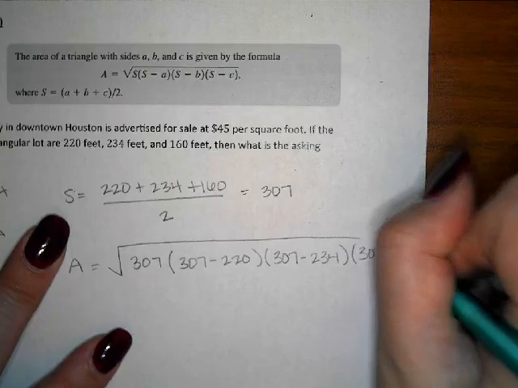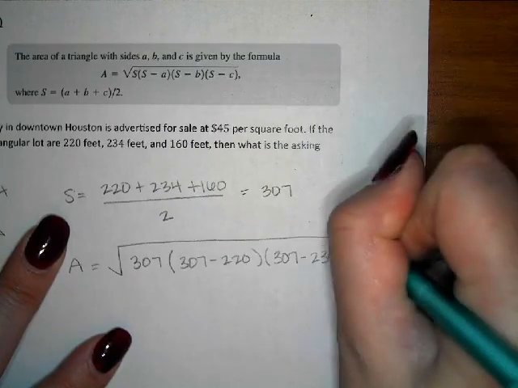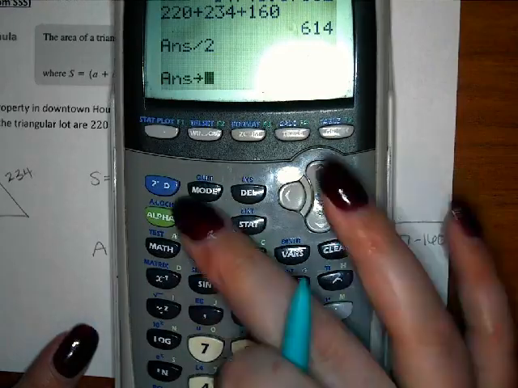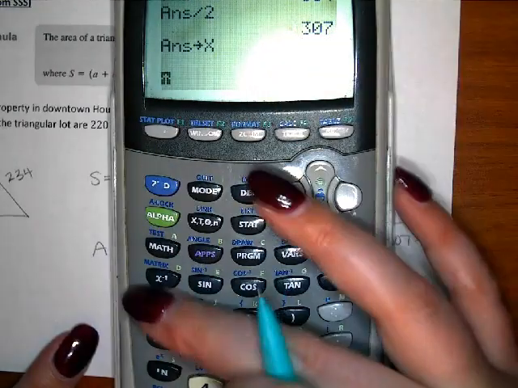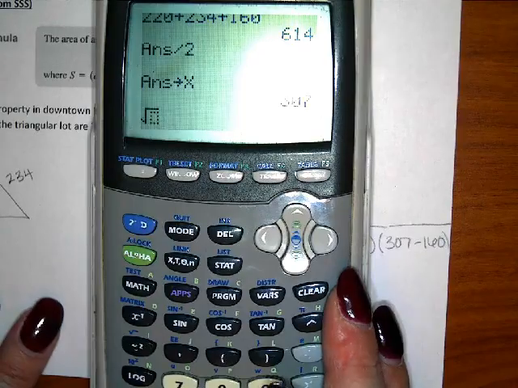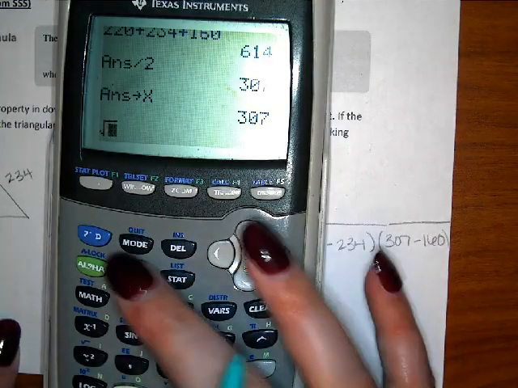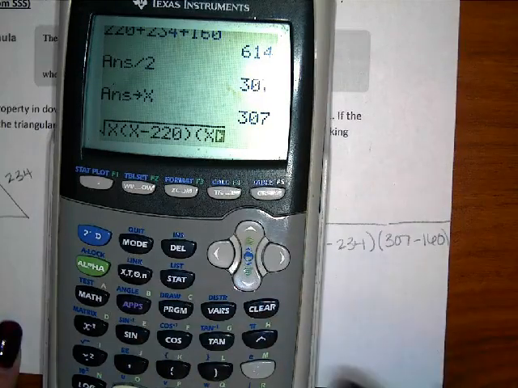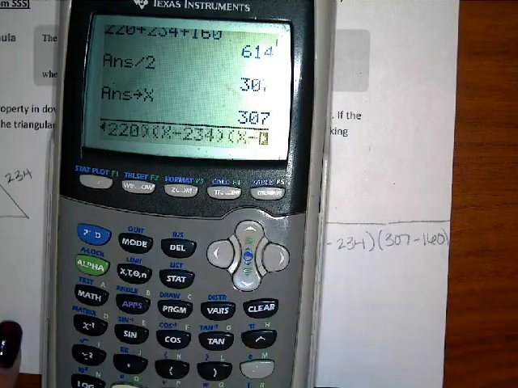I'm going to store it as x. Okay, square root. And so now I don't have to type the 307 because I put an x in there. So I'm just going to use x every time. X minus 220, x minus 234, x minus 160. See how much faster that was than if I'd been typing 307 each time? See, it's kind of nice.